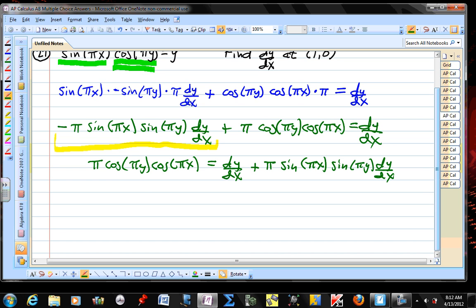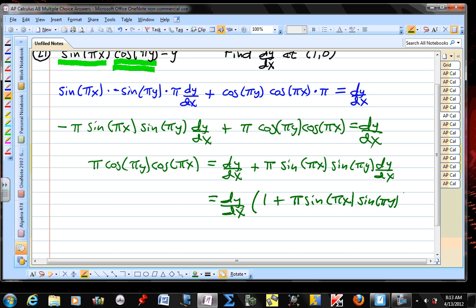Okay. Now on the right side, you can see we've got two terms with the dy/dx. So let's factor out dy/dx. That'll give us 1 plus pi sine of pi x times sine of pi y. The left side hasn't changed.